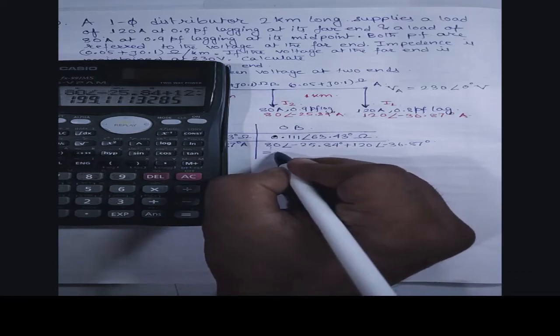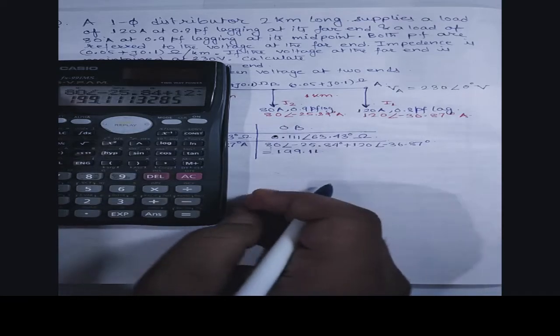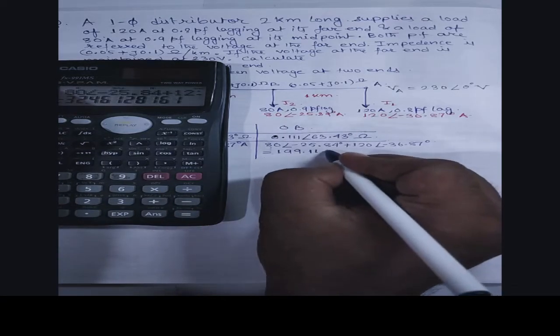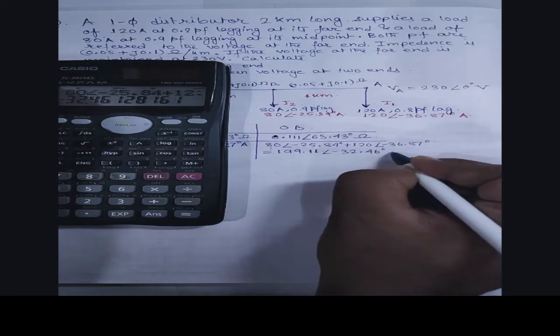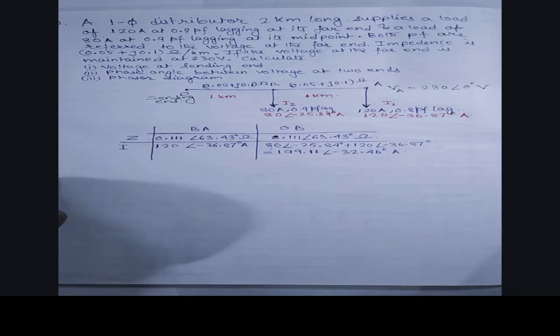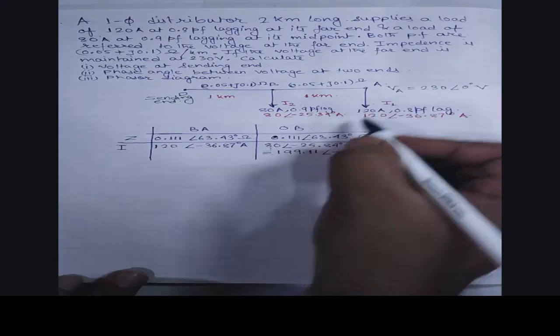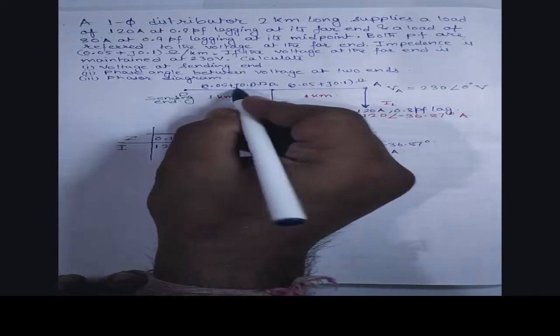It is coming as 199.11 at an angle of minus 32.46 degree ampere. So this is the current BA and this is the current OB.